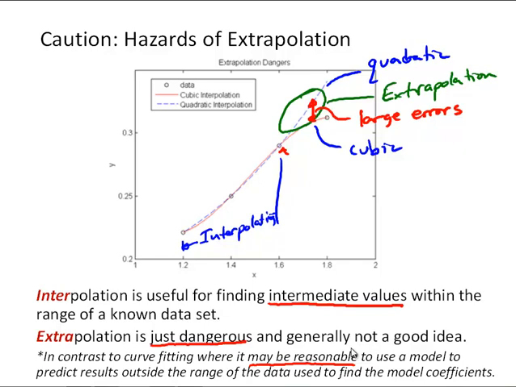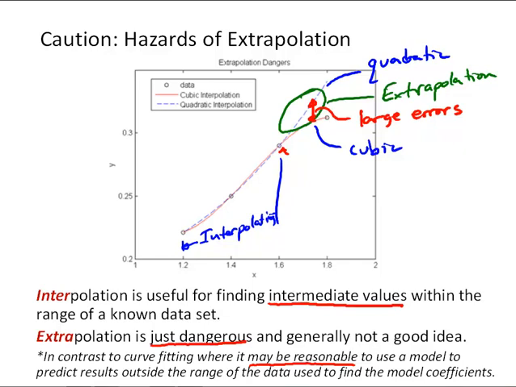For interpolation, we're just using a polynomial, and whatever polynomial it takes to get the interpolating polynomial to go through every single data point. So it's only good for finding intermediate values. We don't know what that interpolating polynomial is going to do once it goes outside the range of the data.